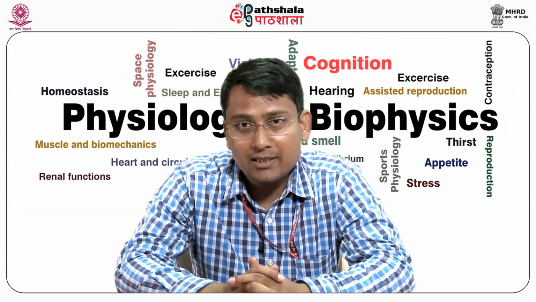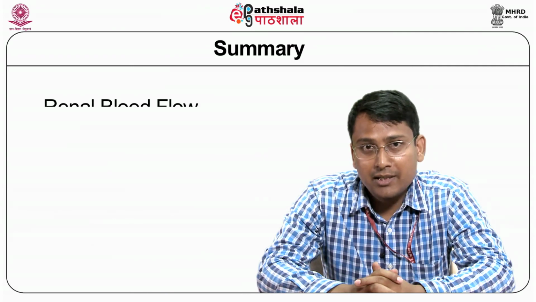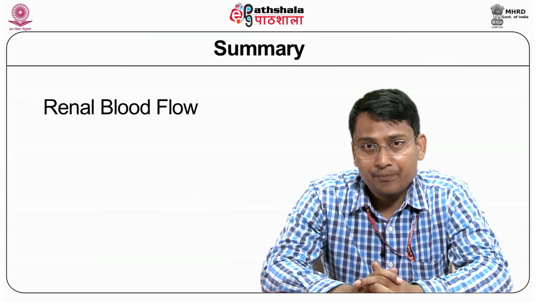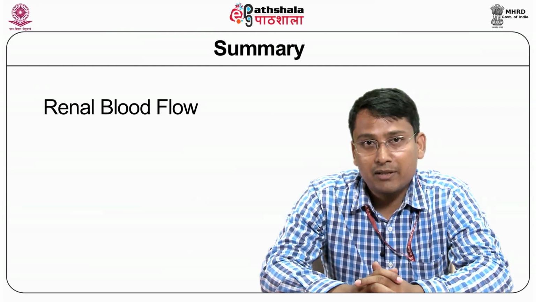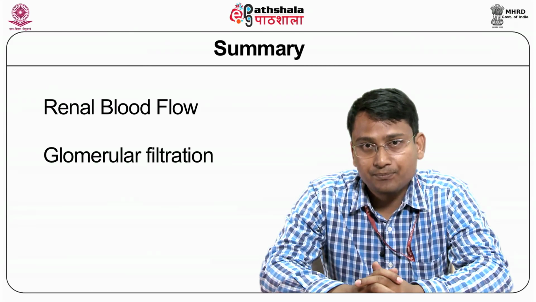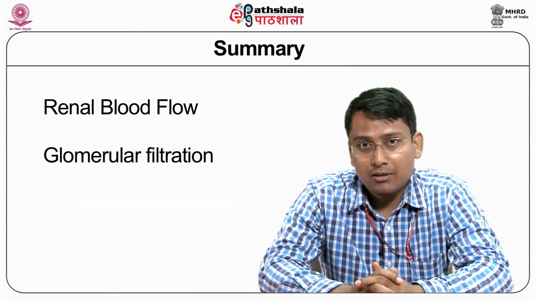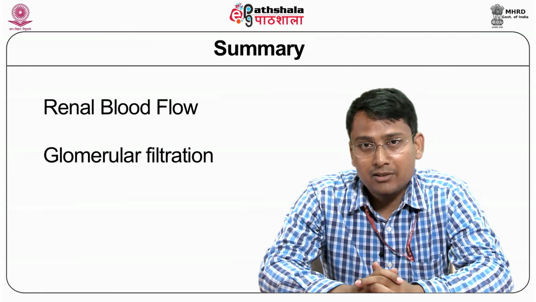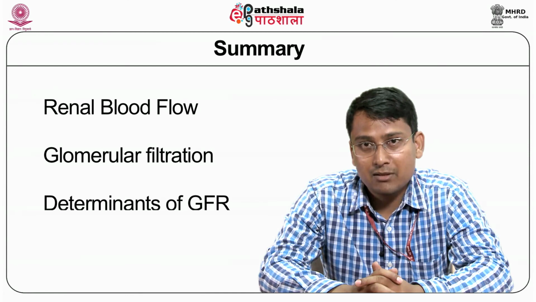Hence, finally, to summarize, we began this topic with the understanding of renal blood flow first and renal vasculature along with cortical and juxtamedullary nephrons. In this, we have seen that the cortical nephrons serve the function of tubular reabsorption and juxtamedullary nephrons serve the function of making the medullary interstitium hyperosmolar with the help of the specialized vessels, the vasa recta, going parallel to the loop of Henle, causing concentration of urine.